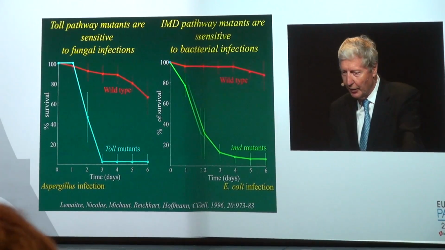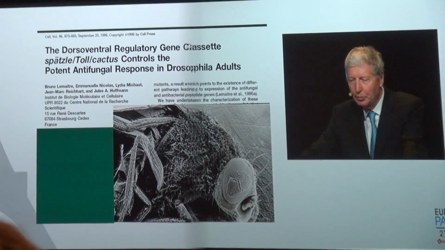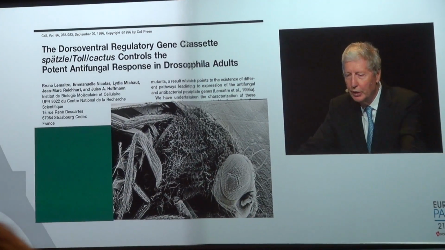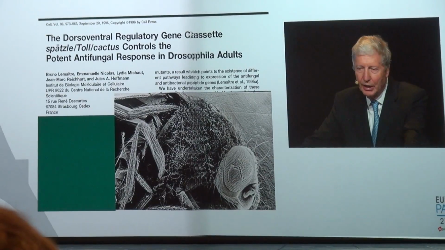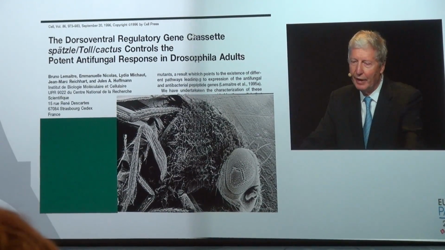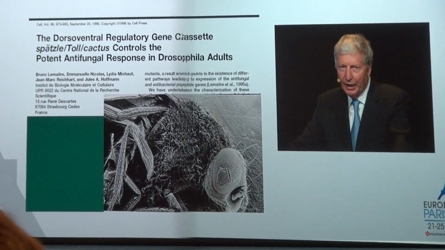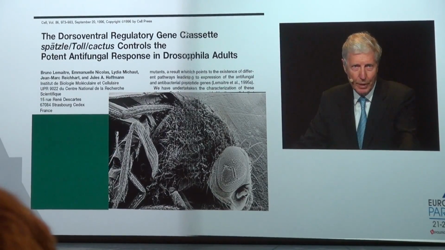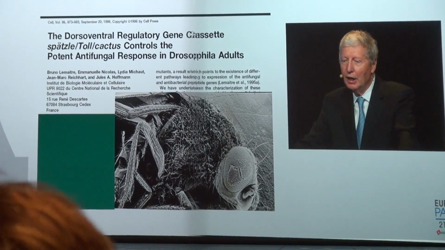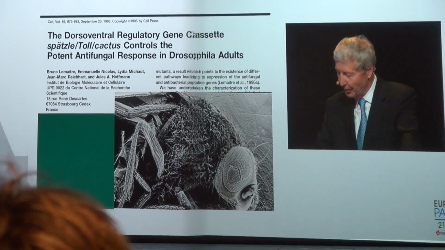And also in that paper we showed a fly which had been infected by Aspergillus, and we concluded from our data, which was still relatively fragmentary but clear, that the dorsal-ventral regulatory gene cassette, the one which had been identified in early embryos as maternally expressed genes, controls the potent antifungal response in Drosophila adults.